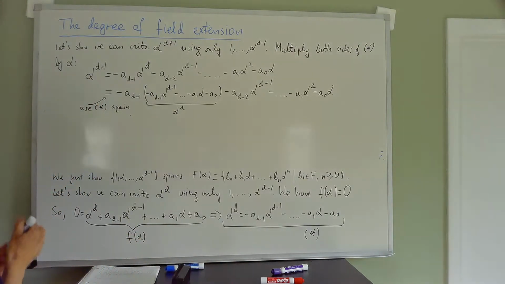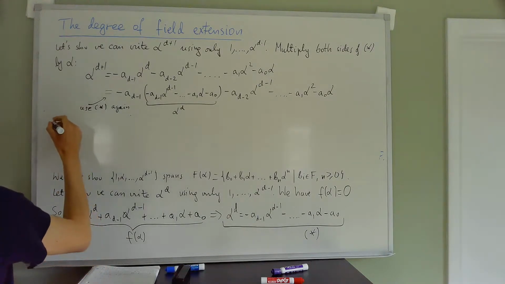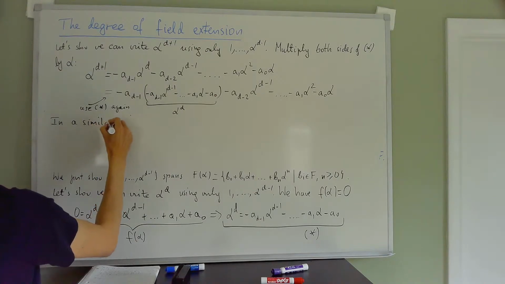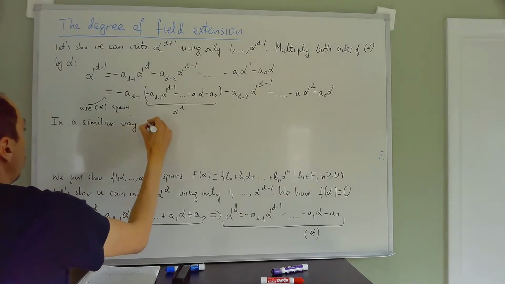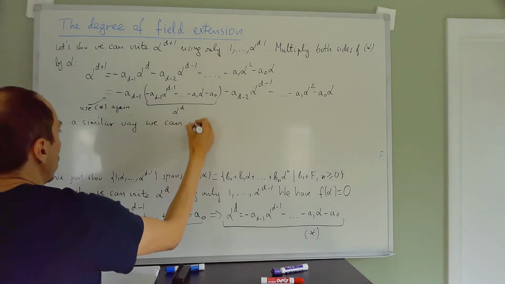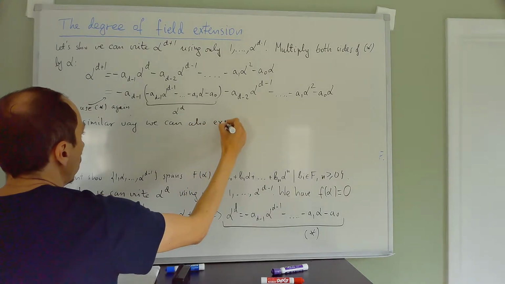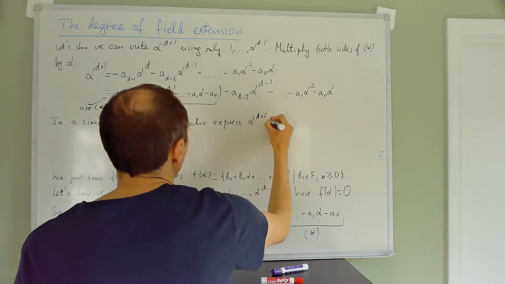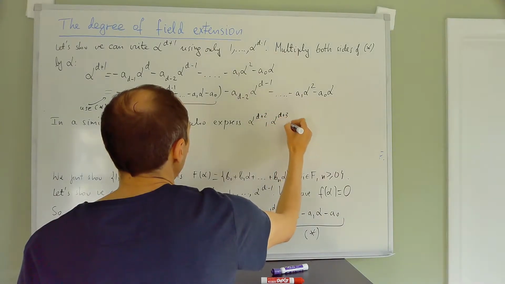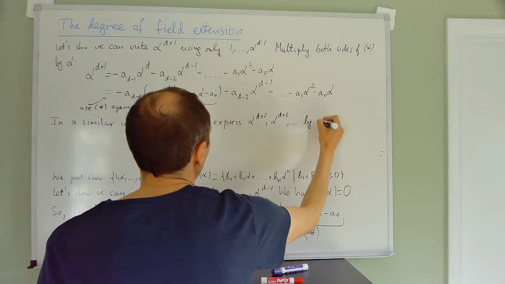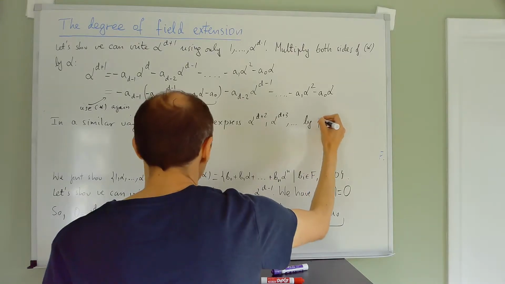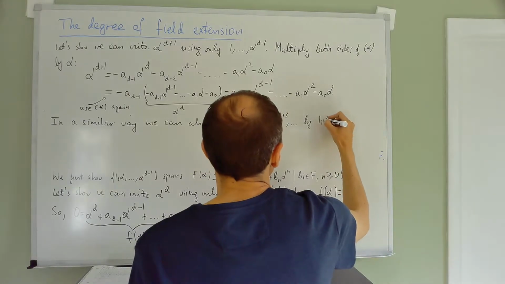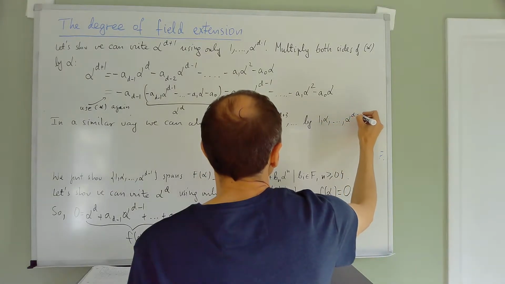So in a similar way, we can also express alpha to the d plus 2, alpha to the d plus 3, etc. by 1 through alpha to the d minus 1.